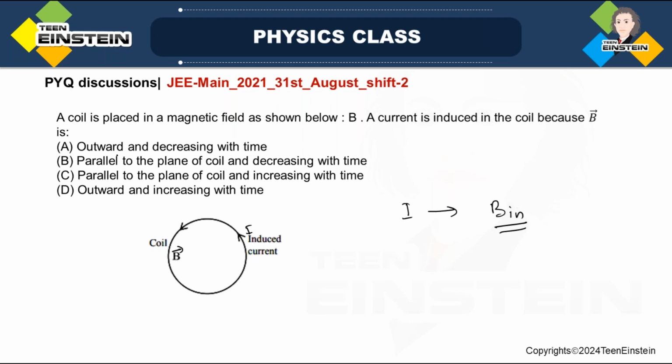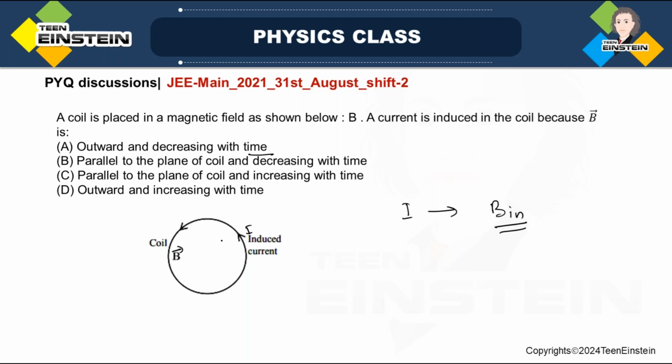The first option says the magnetic field is outward and decreasing with time. Outward means out of the plane of the paper. If it is out of the plane of the paper and decreasing, the flux linked with this coil will be decreasing, and that induces the current. Induced current can be due to either a decrease or an increase in the flux.